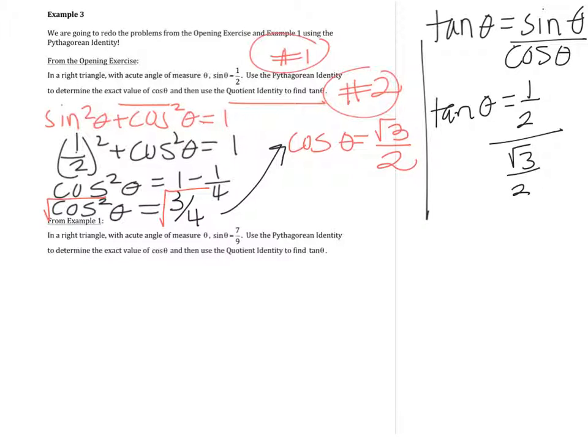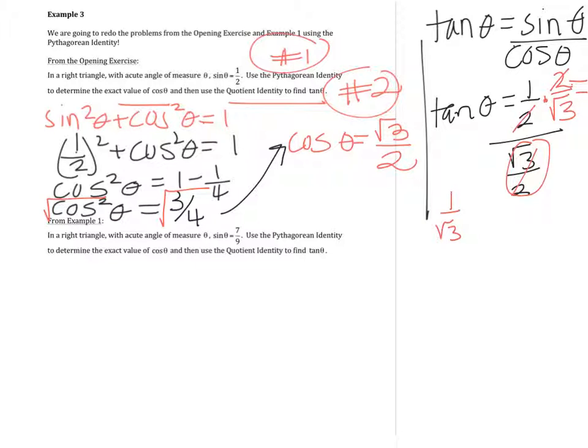So you have a fraction divided by a fraction. That means you need to multiply the numerator by the reciprocal of the denominator. So we're going to flip it. The 2's cancel out, and what I have left is 1 over radical 3.